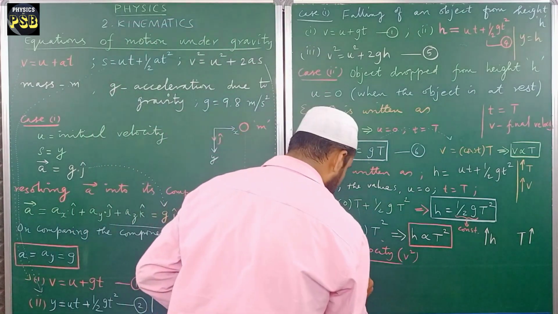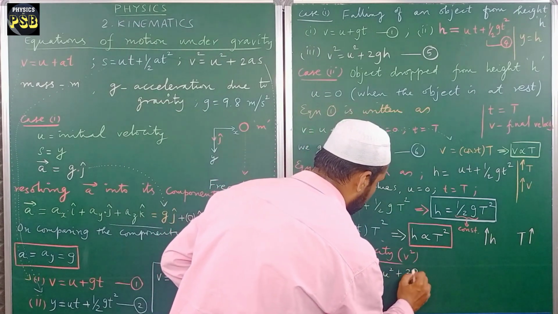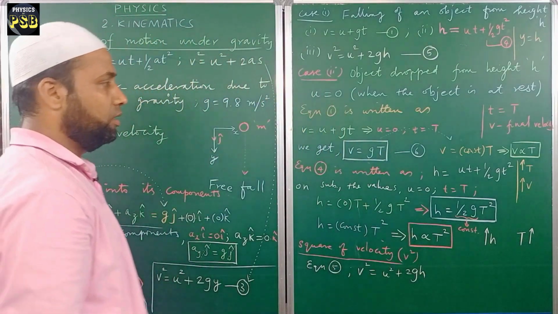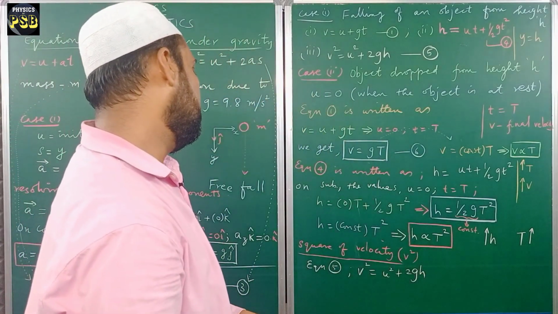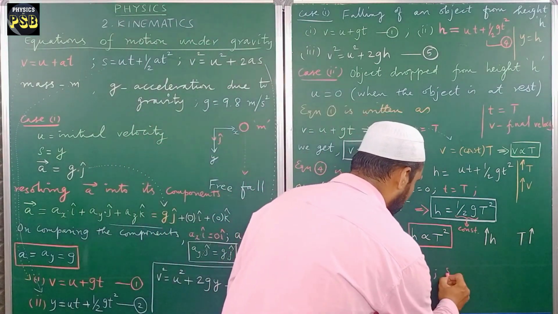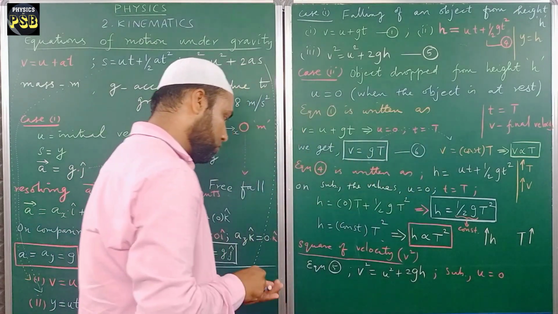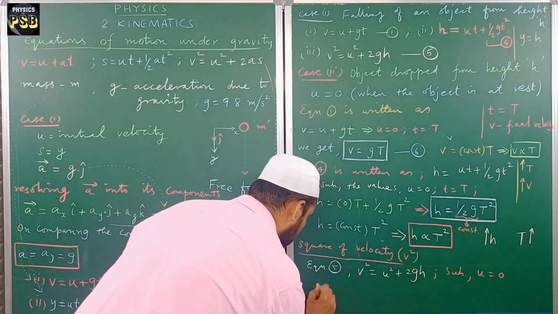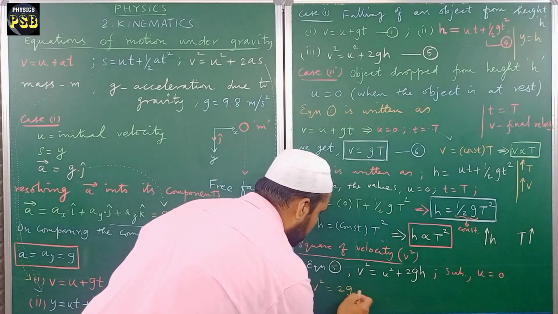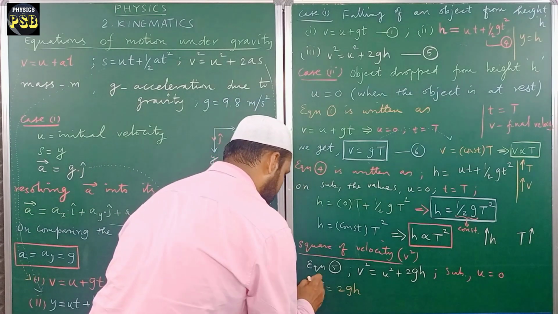What is that? v square is equal to u square plus 2gh. Right? And here I'll substitute u equals 0. What will I get if I do so? I get v square is equal to 2gh.